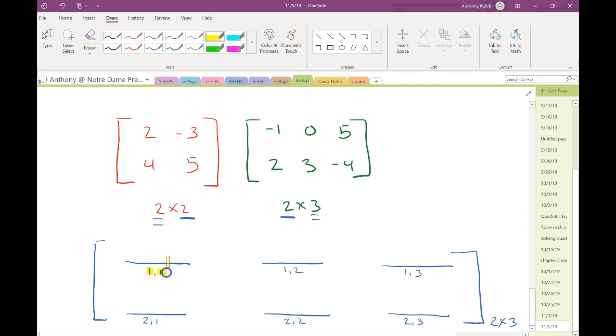So the entry 1,1 is telling us I used row 1 and column 1. So when I do that, I get 2 times negative 1, and then negative 3 times positive 2. And then I'm going to add those two together.